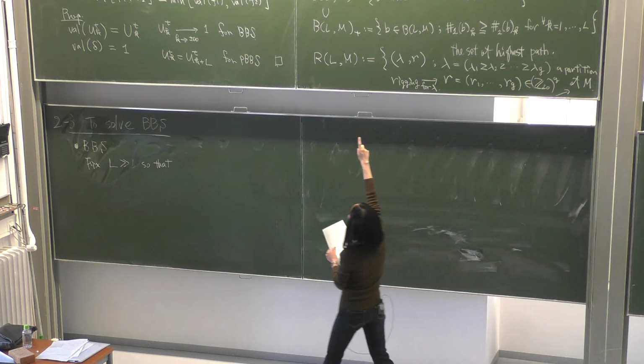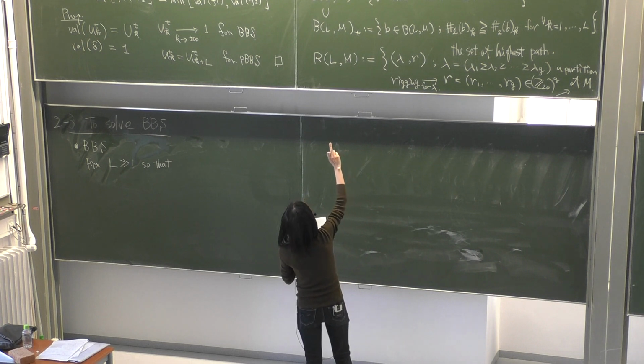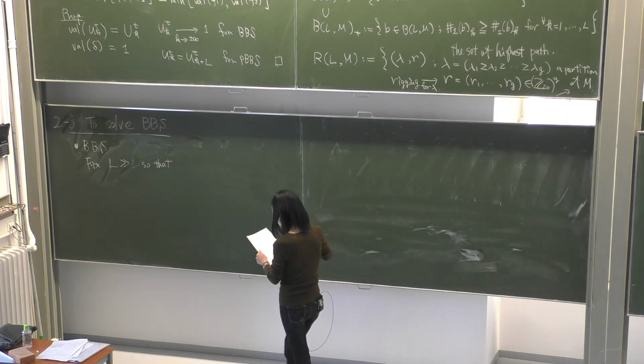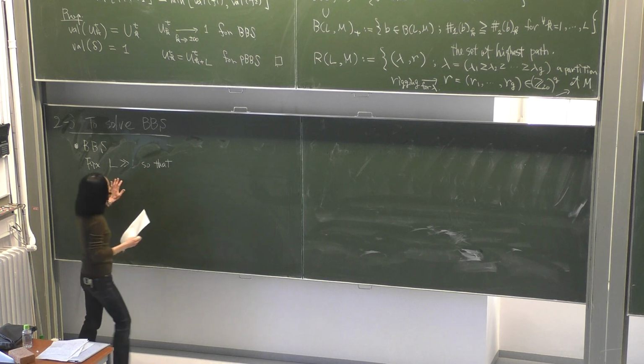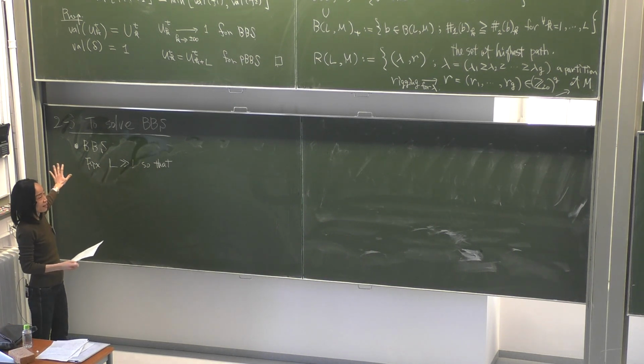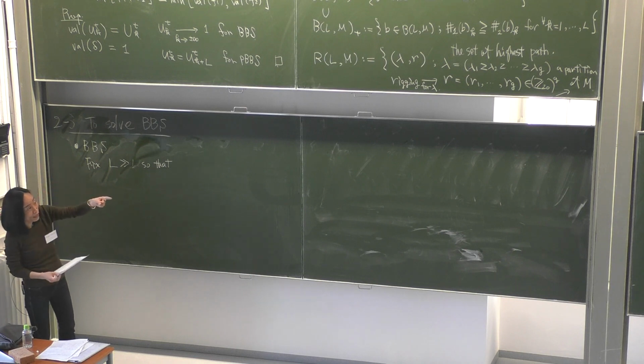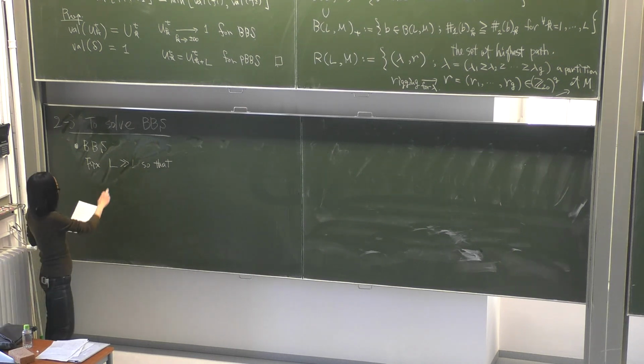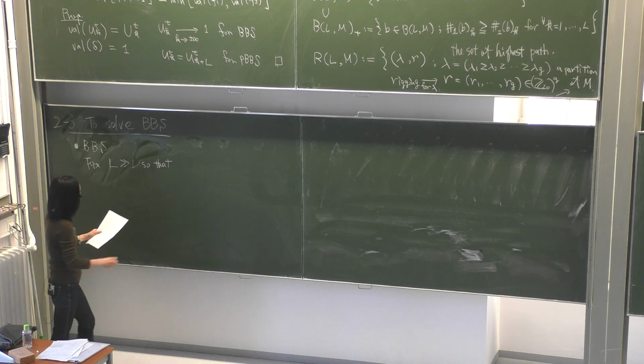To calculate the KKR, the sequence B should be in that set. It is always realized for infinite BBS by adding some empty box, say 1 to the left. So we choose such an L.